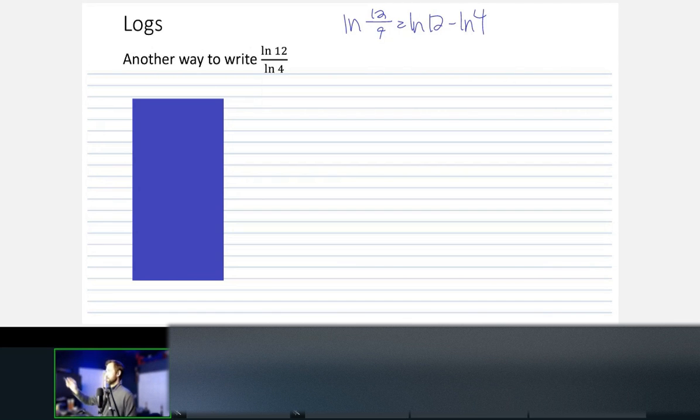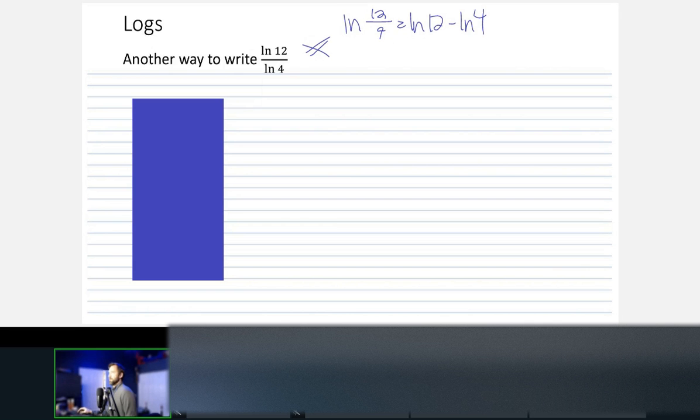But do you see how this is not the same? Now, if you expanded the top, we could do the natural log of 2 squared plus natural log of 3, all over the natural log of 2 squared. But yeah, not the same.